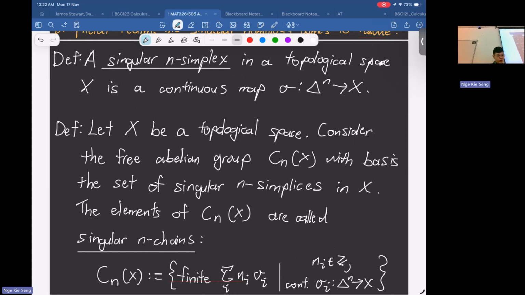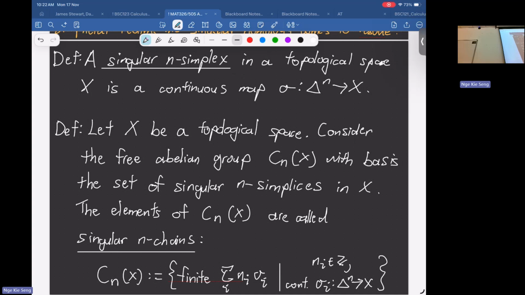Yeah, okay. So what's the map you should think about? What kind of map makes sense here? What kind of differential makes sense here? So you should think about what the differential does. You have to send sigma_i that operates on delta n to sigma_i that operates on delta n minus 1.